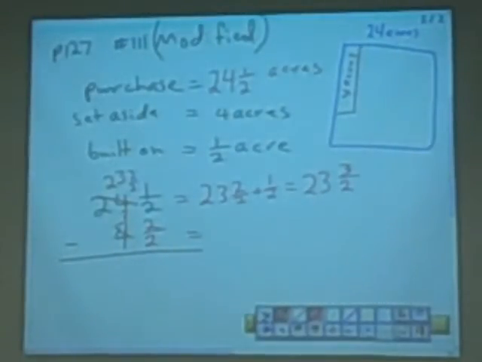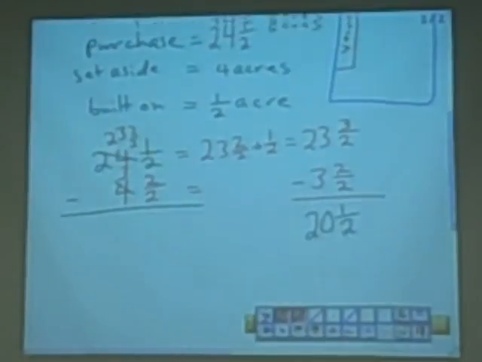And then here we have 4 and 2/2. Okay, we have to do that because we can't subtract 2 from 1, right? So now that gives us 3 minus 2 is 1/2. Okay, so now we have how many acres left? 20 and 1/2.